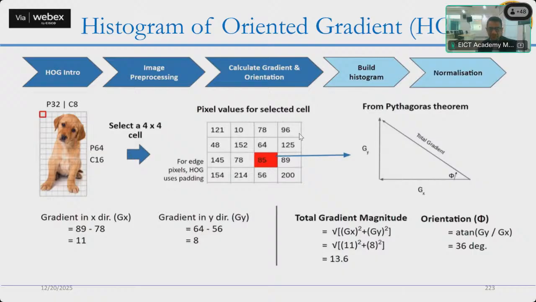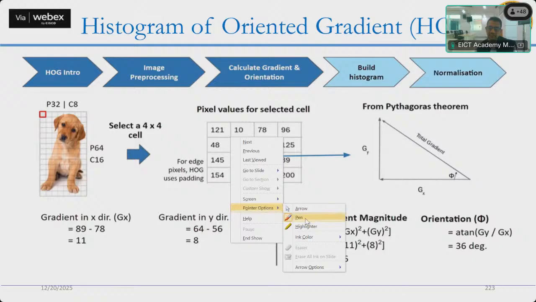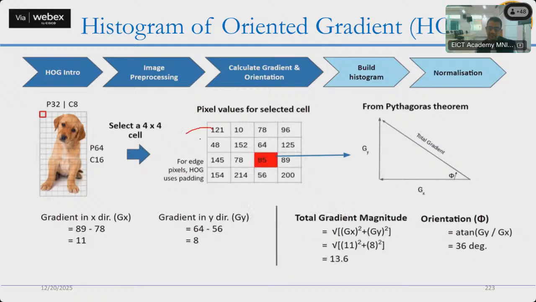Can you tell what is this value? What is this pixel value? What does this indicate? No, no. See, what is this value? 1085. Okay, that is fine, but what is this thing? This 152, this is 64, this is 125.